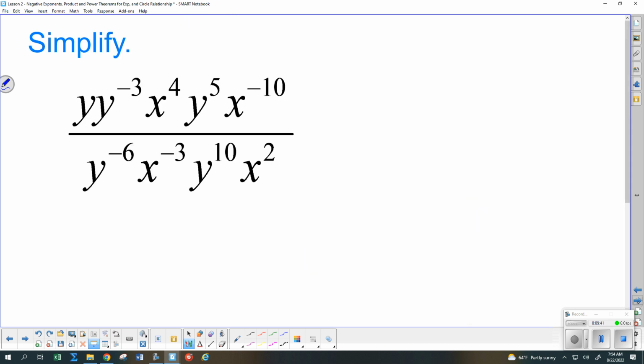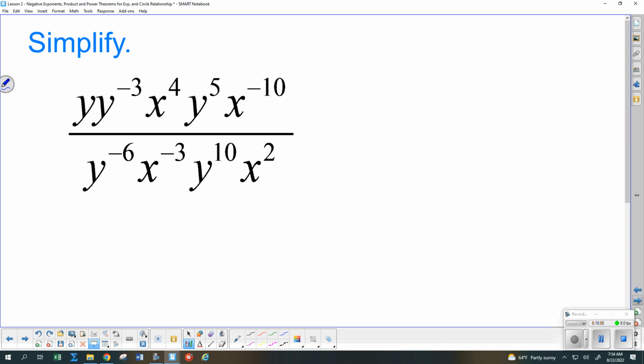Okay, now let's do some where it's variables that we need to clean up. I can end up with only one x in this whole thing. It might be numerator, it might be denominator. I can end up with only one y, numerator or denominator, but not both.